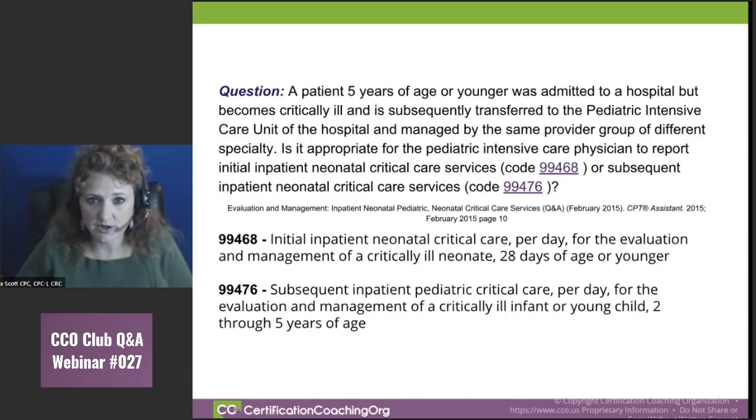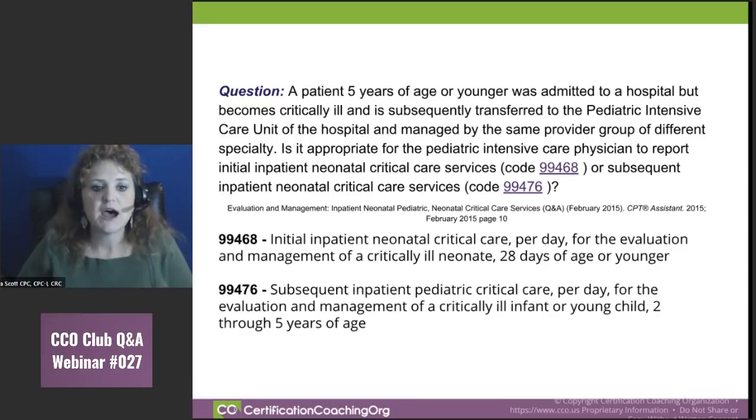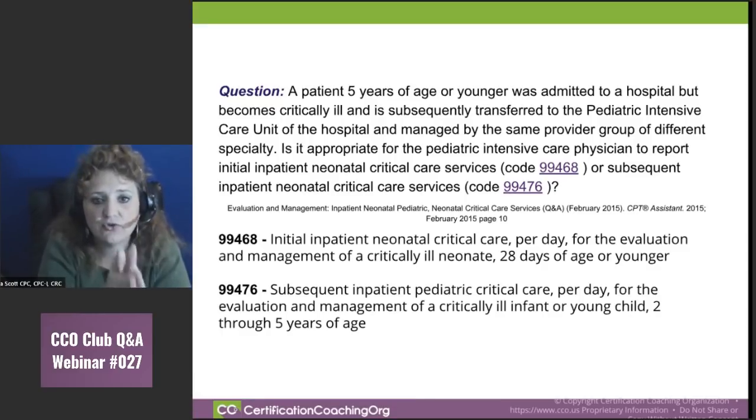They have their own critical care codes, and that's what you're looking at here. So if you have a 5-year-old patient and they come into the hospital critically ill, then they're transferred to the PICU and managed by the same provider group, but of a different specialty.